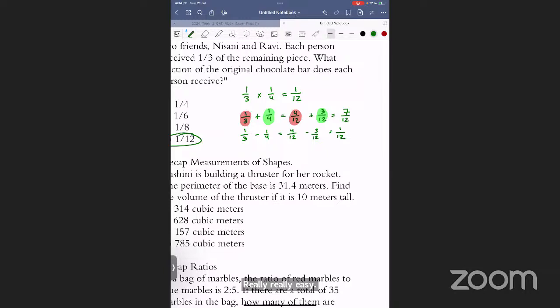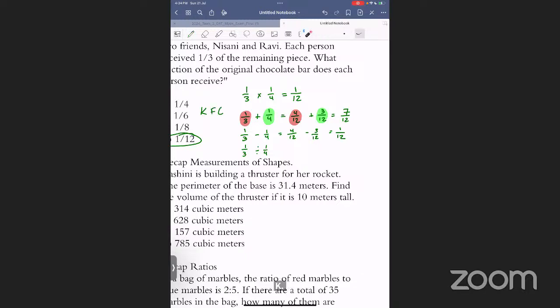The harder thing then is division. So 1/3 divided by 1/4. You can do the same thing as multiplication where you can ignore the denominator. But what you do is you do this thing called KFC.